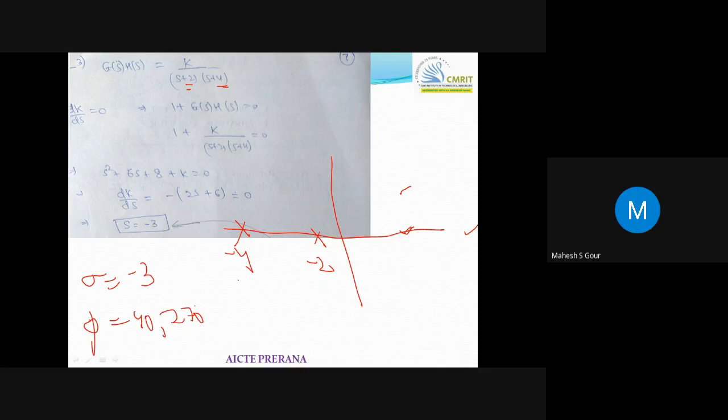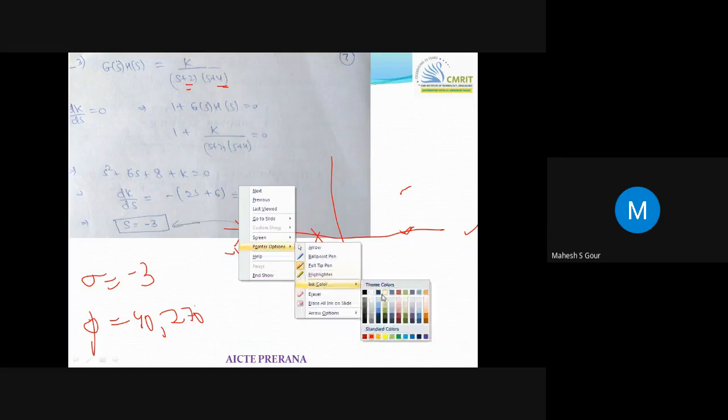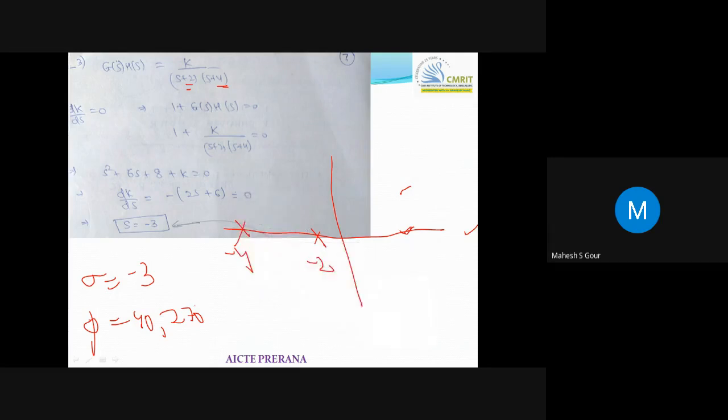Okay, the next thing is you need to draw the root locus. As you know, the root locus will be present in between these two. So now how will it terminate? It will terminate at the breakaway point, which means it will split at the breakaway point because 2 poles are there.